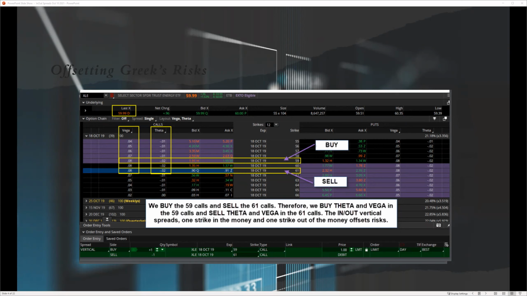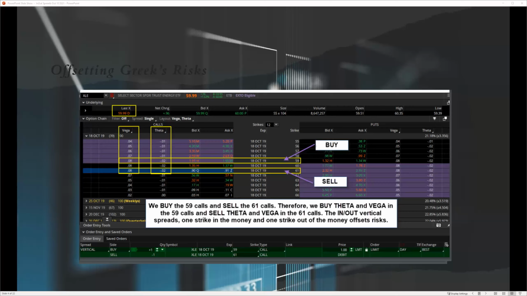The difference is how quickly that probability is going to get to you, regardless of the time that you're taking, right? That is the reason you don't have a different price for the spreads on different time frames. So in this case, we buy the 59 calls and sell the 61.